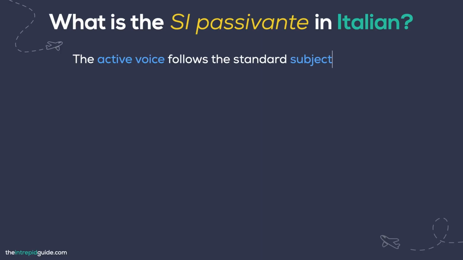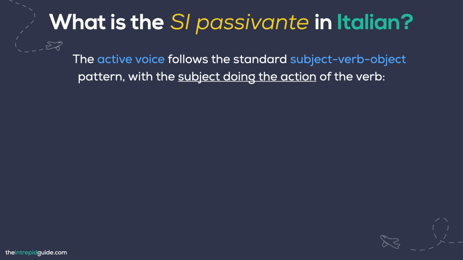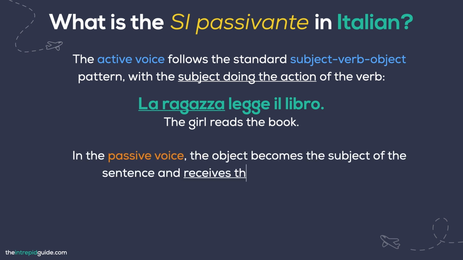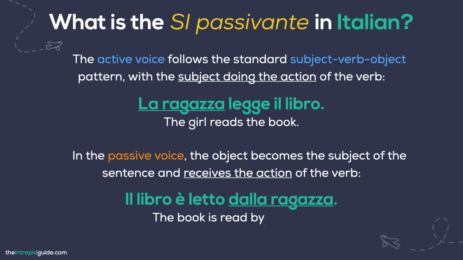The active voice follows the standard subject-verb-object pattern, with the subject doing the action of the verb, as in, "La ragazza legge il libro," the girl reads the book. In the passive voice, the object becomes the subject of the sentence and receives the action of the verb. For example, "Il libro è letto dalla ragazza," the book is read by the girl.